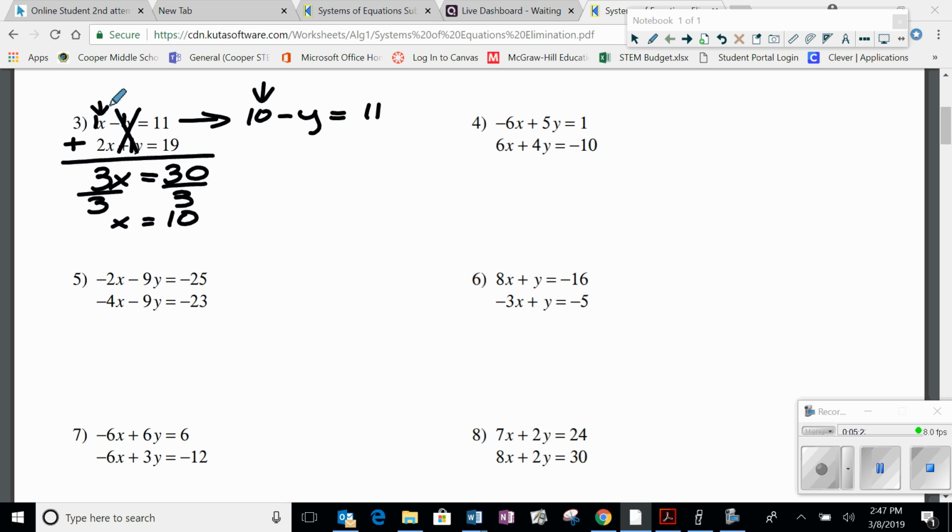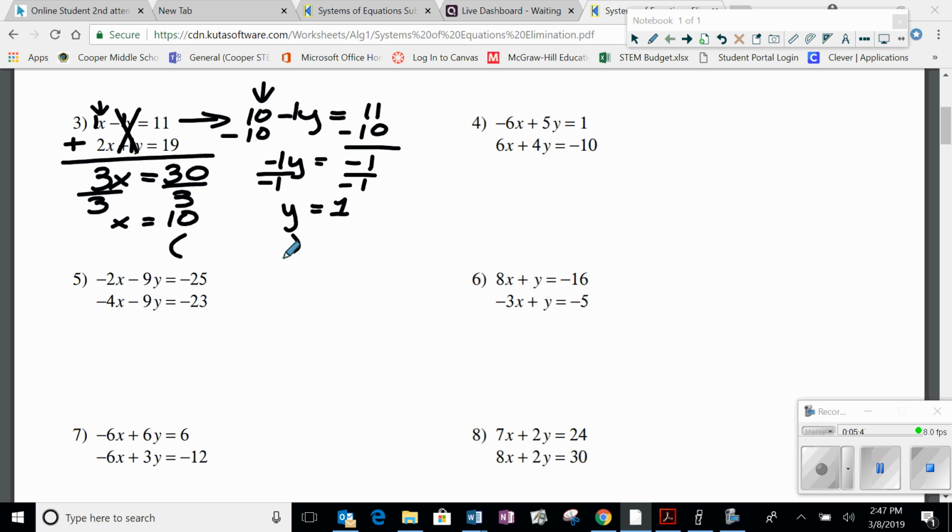So you put 1 in front of the y too? You could put a 1 there, yep. So now I'm going to subtract 10, and I get negative 1 equals negative 1y. And it's a one-step equation, so I'm going to divide by negative 1, and y equals positive 1.